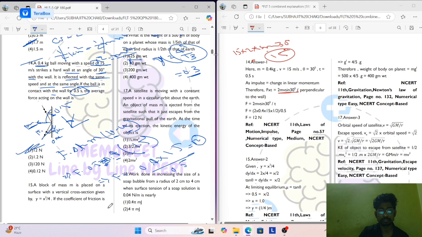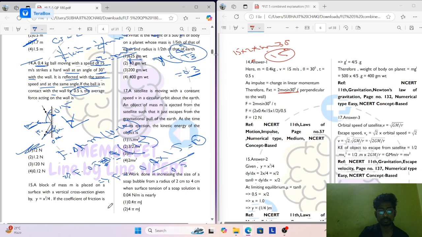Height of the ground at which the block can be placed without slipping is, sorry, a block of mass m is placed on a surface, vertical cross section given by y equals x to the power 4. If the coefficient of friction mu is given, the block can be without slipping at what height? First of all, y equals x to the power 4.